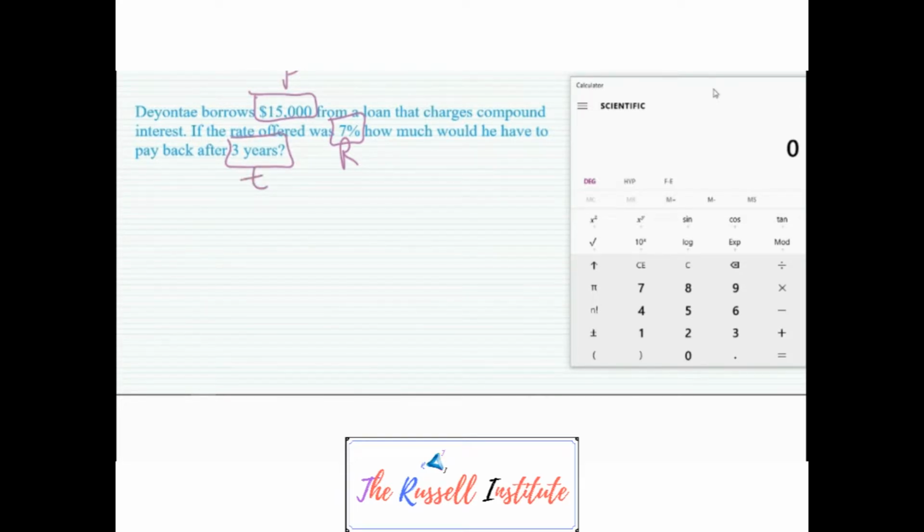That is the time because it's measured in 3 years. So how do I work this out? Well, the new amount is equal to the rate divided by 100 times n plus 100% to the power of t times n, and then when I'm done, I multiply by p.